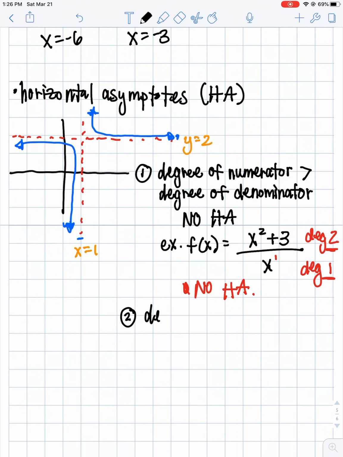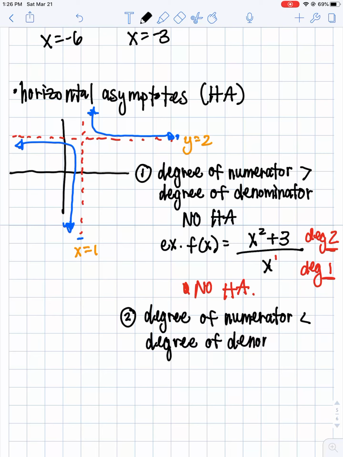So what happens if we flip-flop it? What happens if the degree of the numerator is less than the degree of the denominator?